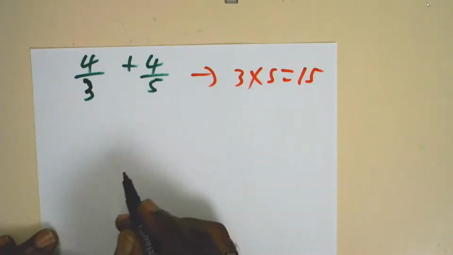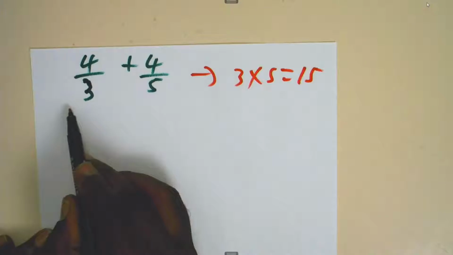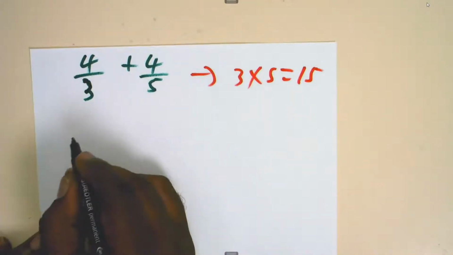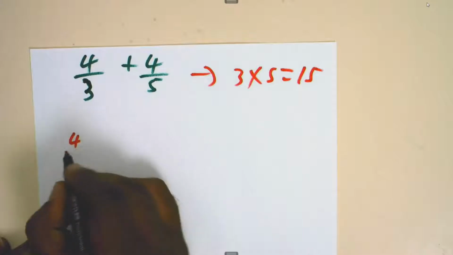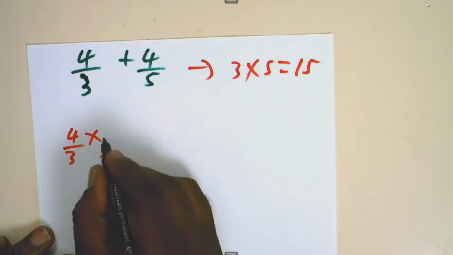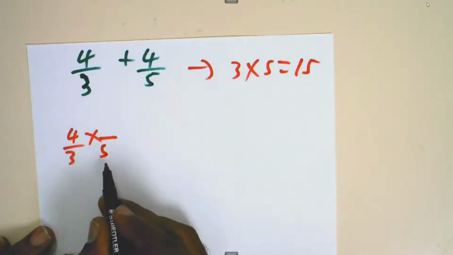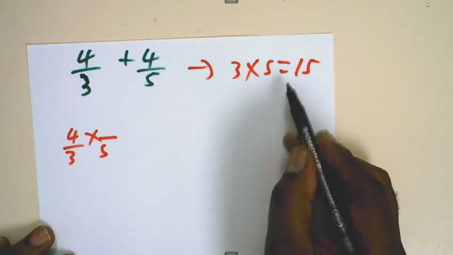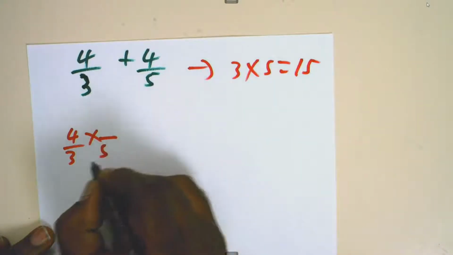Another way is you make both denominators 15. So in this particular case, we say 4 over 3. Denominator here, it's 15. 5 by 3 is 15. 5 by 2 is 15.